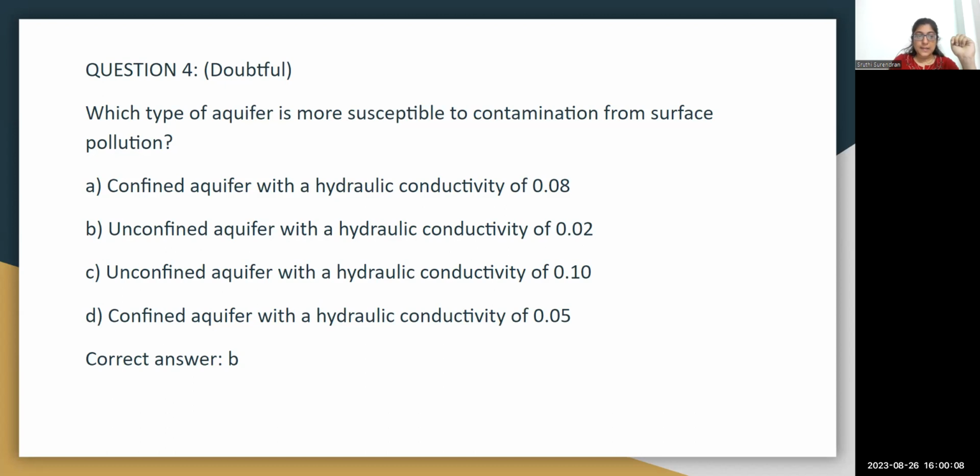That is why I feel option C is the right answer. But in the key, it is given as option B. This was a very ambiguous question which required discussion. Since there aren't a lot of people for a constructive discussion, anyone seeing the video and going through the slides can post it in the forum.